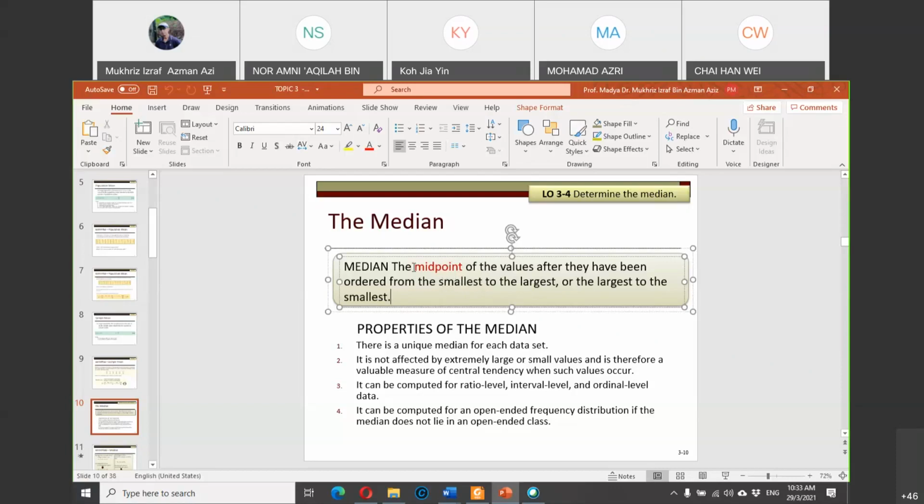The concept of median is basically that you arrange your data from smallest to largest, or vice versa, because it will be the same thing, and the median is the number in the middle.